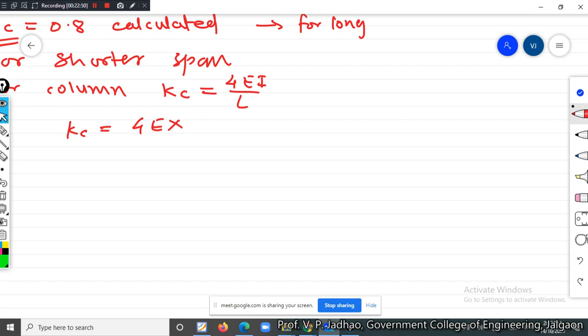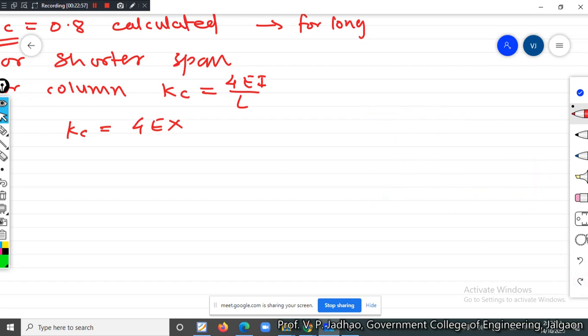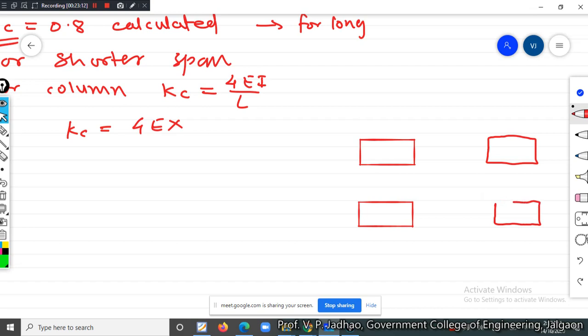Therefore for columns we know that, this is our first column, this is our second column, this is our third column, and this is our fourth column on which this slab is resting.